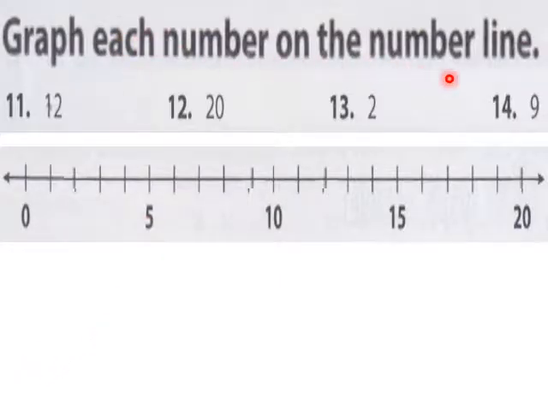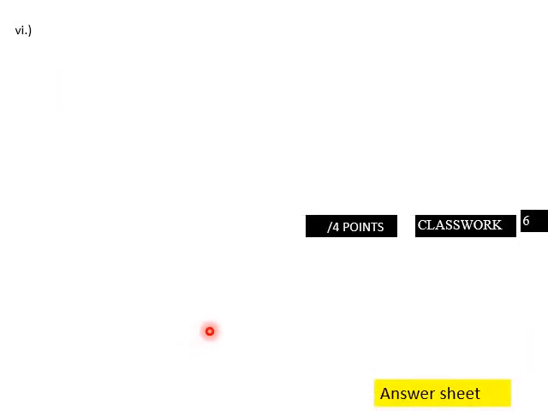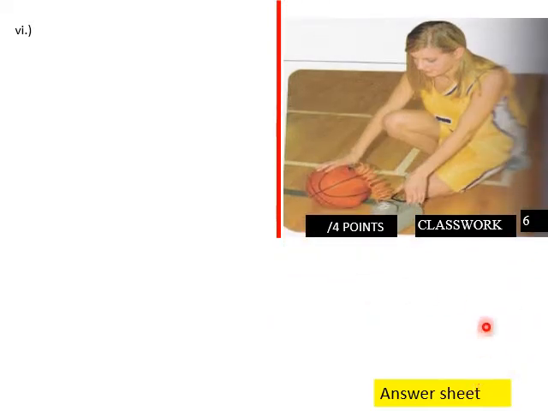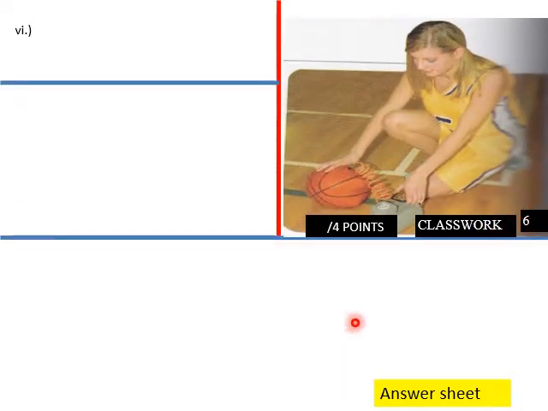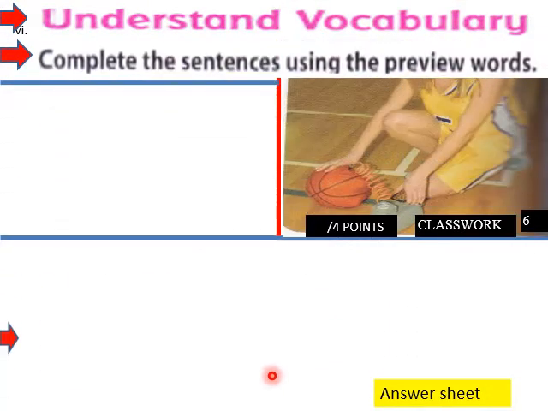And then graph each number on a number line here, students. This is part of your little pretest for 1.1. And then we can go through with a reveal here. And then we go into classwork on page 6 of 1.1. We're through with the pretest.